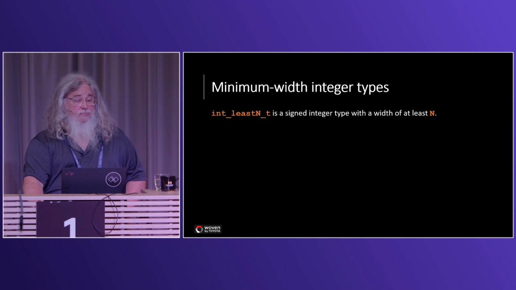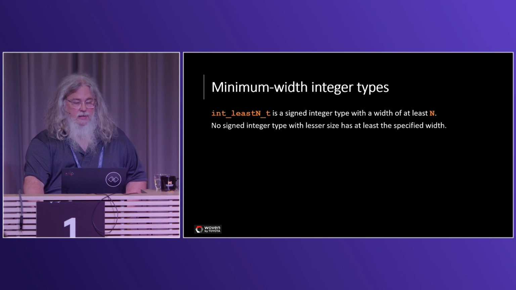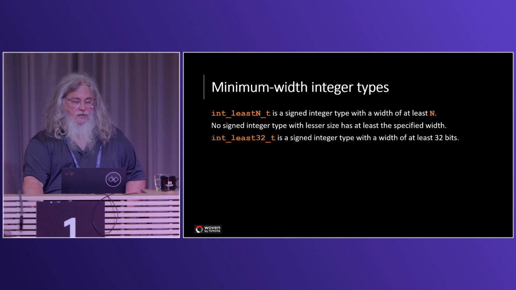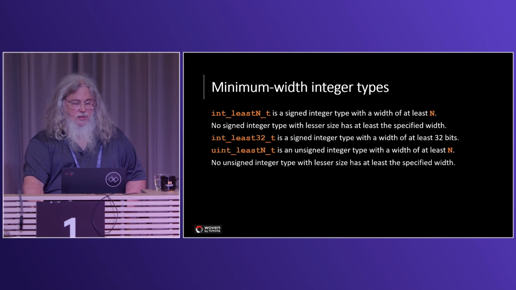We also have minimum width integer types. int_leastN_t is a signed integer type with a width of at least N. So there's no signed integer type with lesser size that has that specified width. int_least32_t would be a signed integer type with a width of at least 32 bits. Same for unsigned. There's no unsigned type with a width less than the specified width.